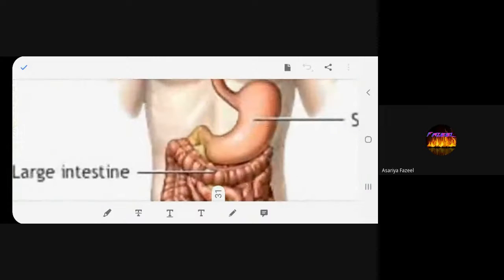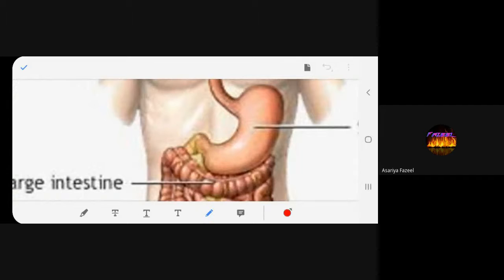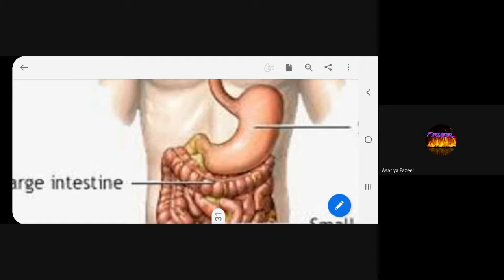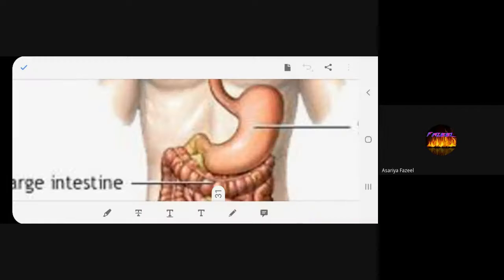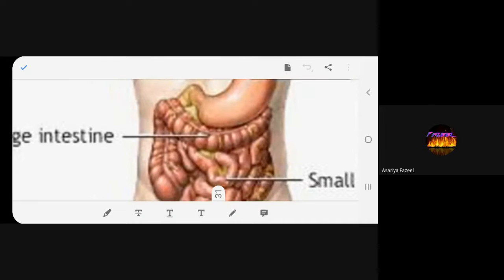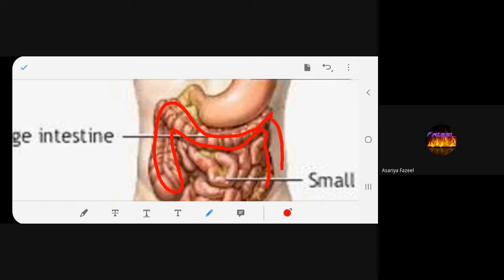Can you see the stomach? This is the esophagus. This is the stomach, and this is going down to the small intestine. This portion is the large intestine. You should remember that. Okay.